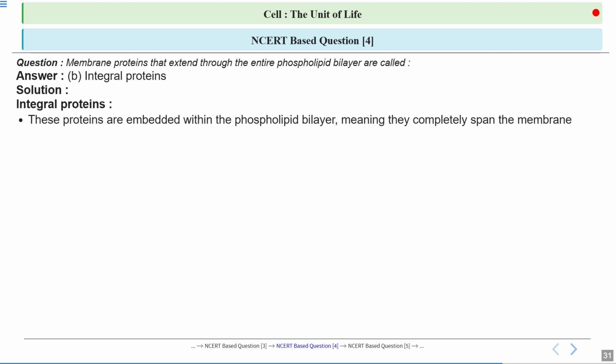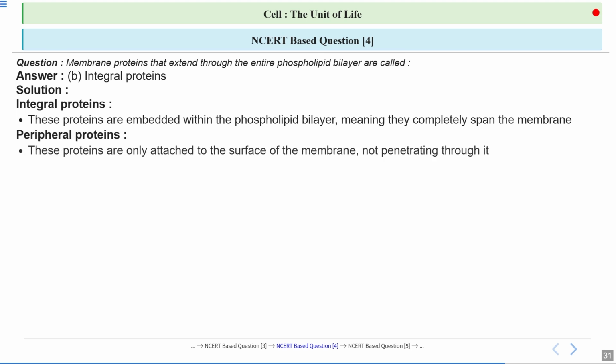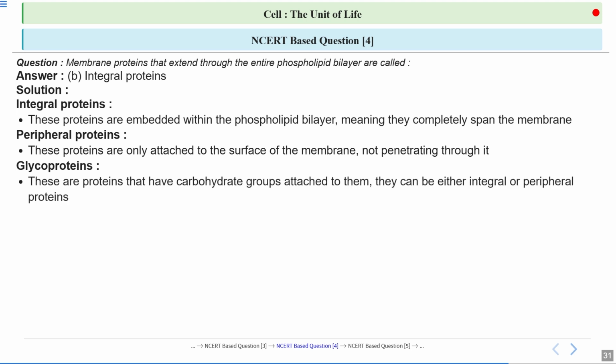These proteins are embedded within the phospholipid bilayer, meaning they completely span the membrane. Next are peripheral proteins. These proteins are only attached to the surface of the membrane, not penetrating through it. Then you have glycoproteins. These are proteins that have carbohydrate groups attached to them.